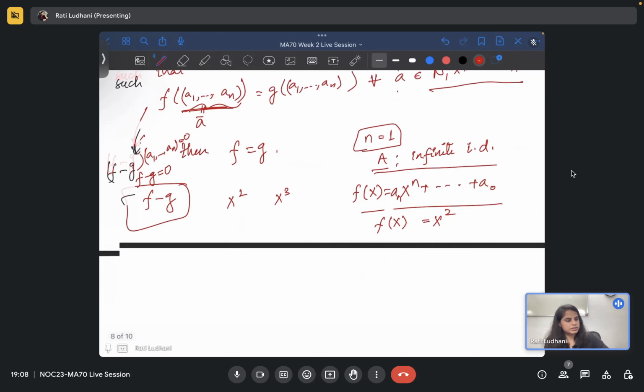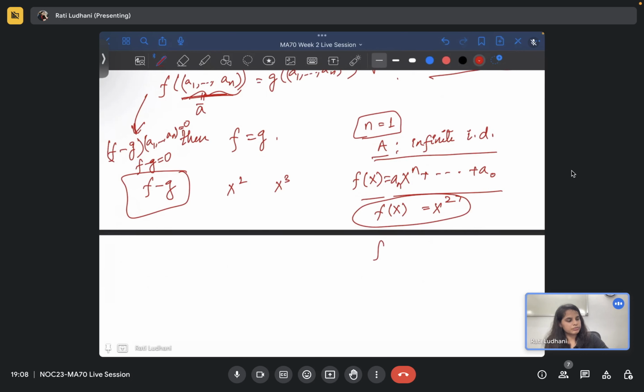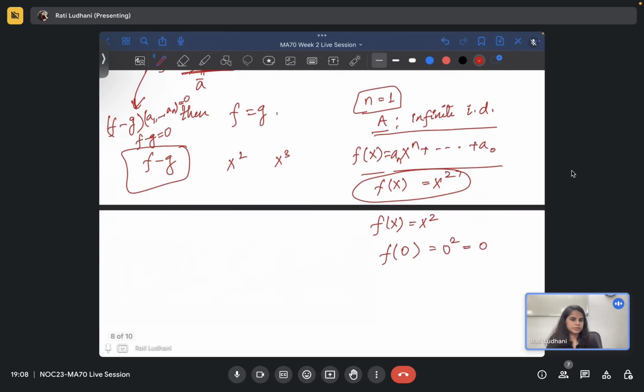So let me explain just this part. You take f(x) equal to x square, and you are saying it is 0. So it is 0 at 0, right? And this is an integral domain, so that is the only possibility.